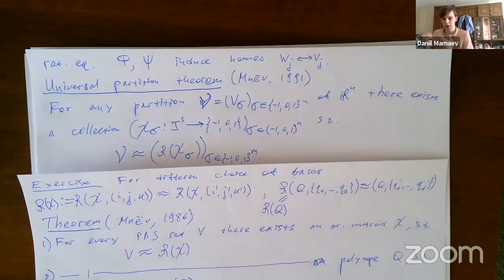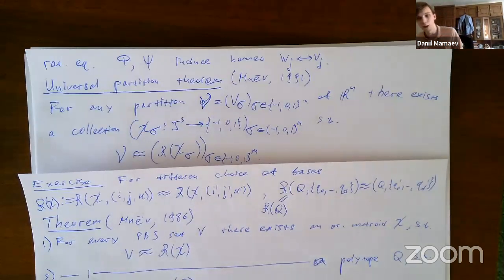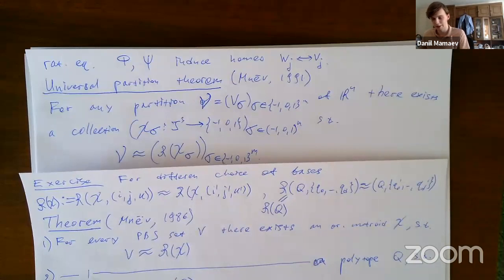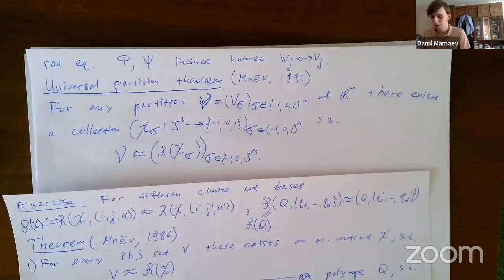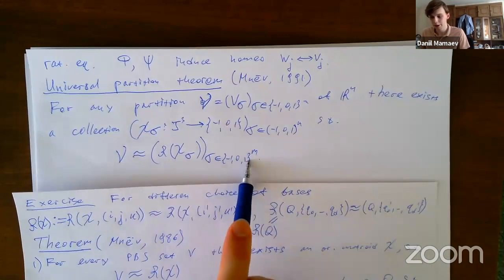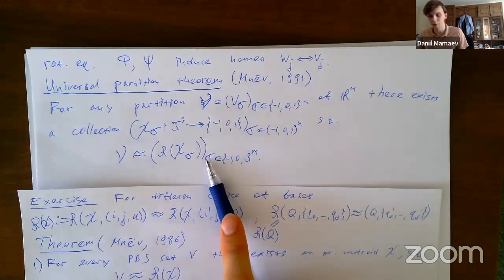Because your semi-algebraic set is defined by some equations and inequalities, you can just consider these equations and inequalities, and then consider a corresponding partition, and your initial semi-algebraic set will be a part of this partition, so it will be stably equivalent to a part of this partition, which is exactly some realization space of a matroid.